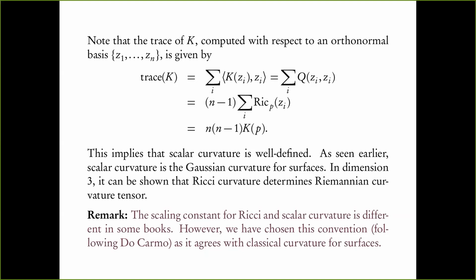The primary reason for choosing this convention is that according to this convention, the Ricci or the scalar curvature for surfaces exactly equals the Gaussian curvature. There is no scaling factor of 2, which would otherwise be there because you're dividing by 1 over 2 when n is equal to 2. Okay? That's the reason for choosing this convention. Okay, anyway. So, okay, so now.